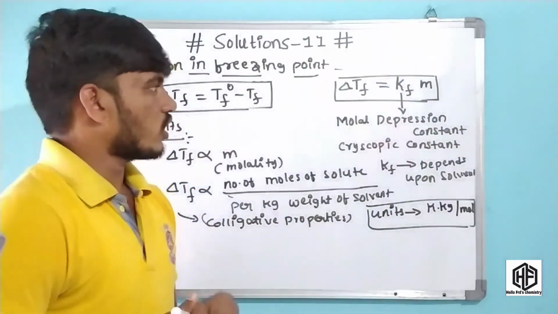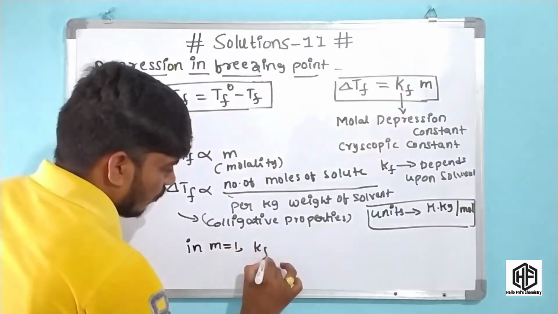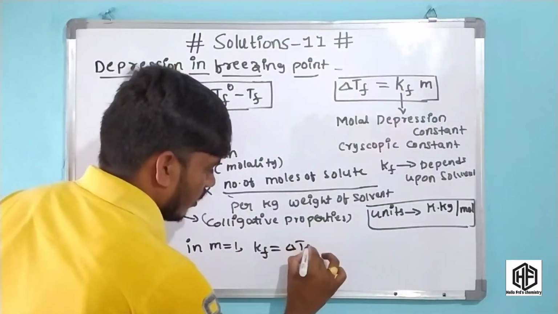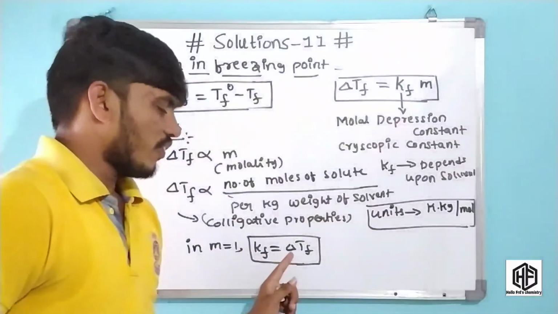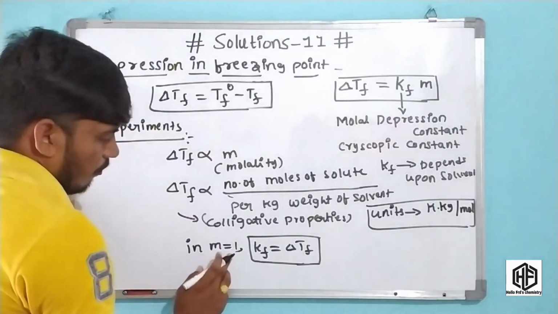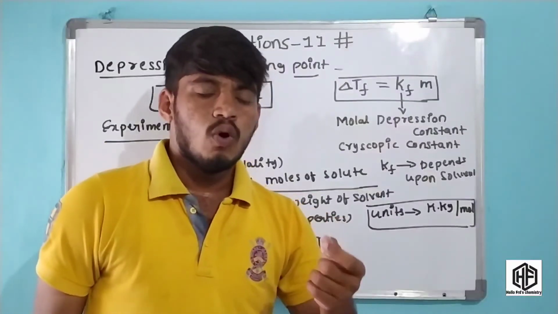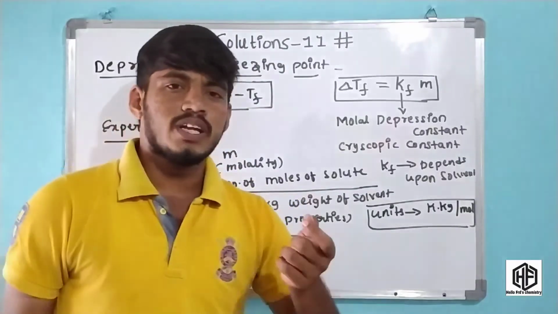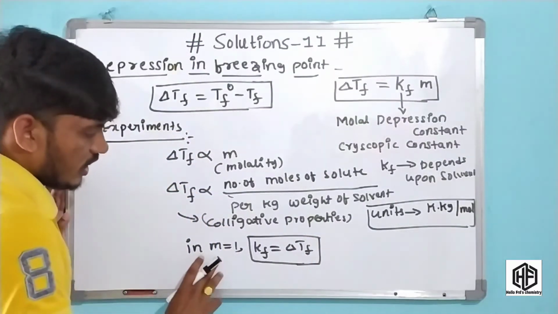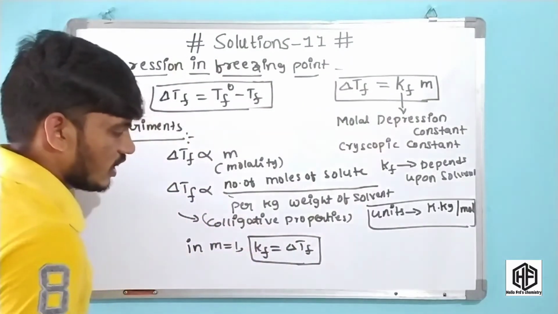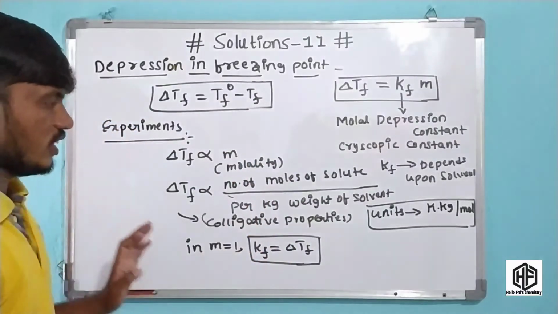When m is 1, meaning one mole of solute is present per kg weight of solvent, Kf is equal to ΔTf.